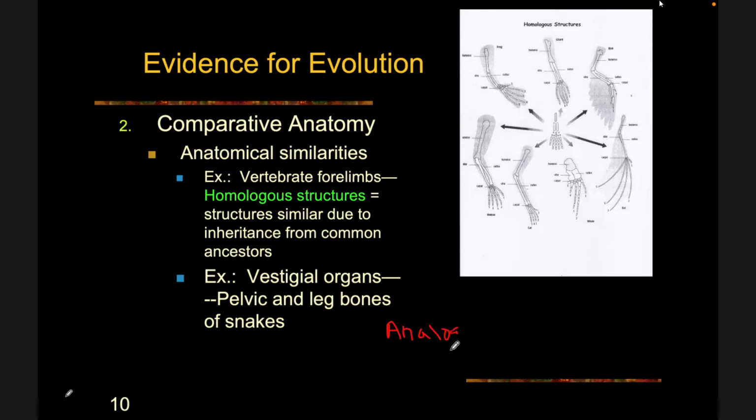Analogous characters are those that are anatomical similarities that are due to convergent evolution.